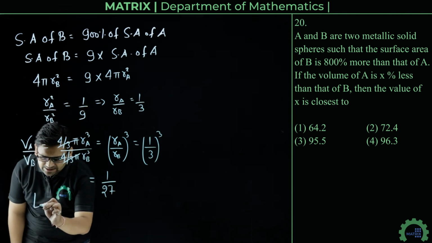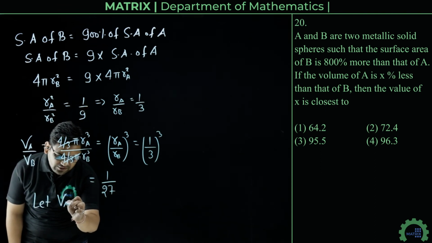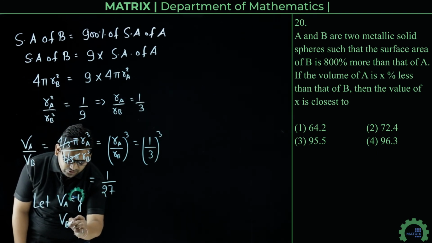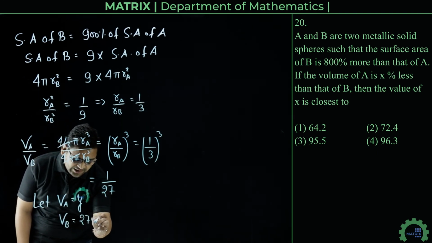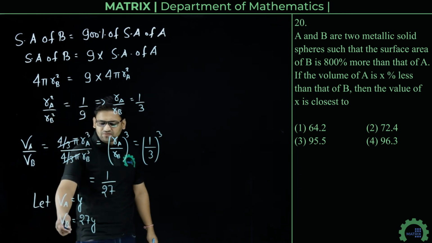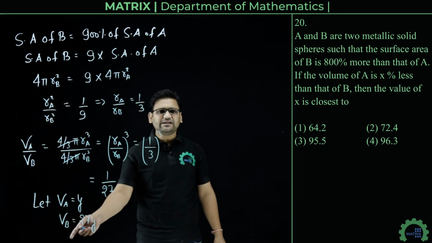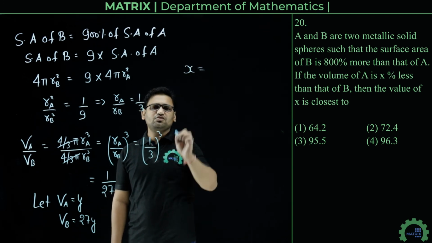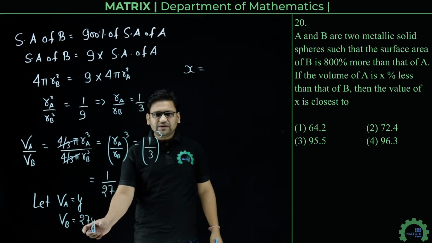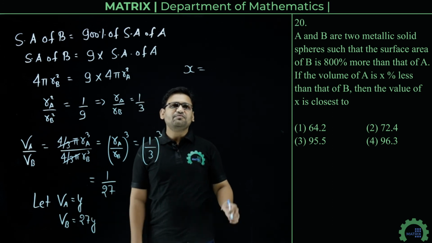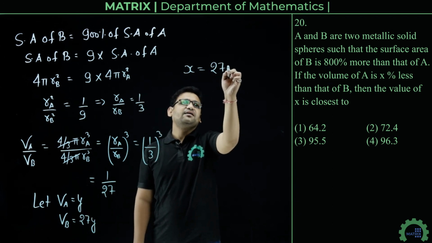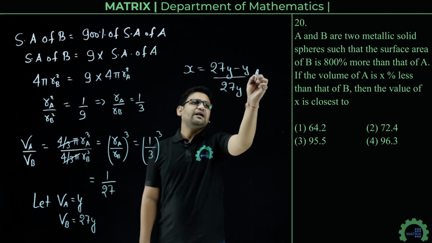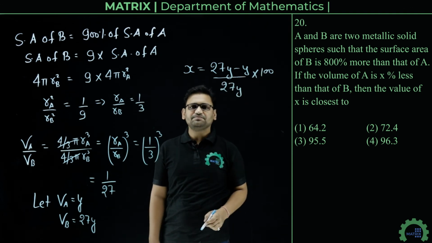Let's say volume of A is Y, so volume of B will be 27Y, and it is given that the volume of A is X% less than that of B. So we can write that X% will be equal to (volume of B - volume of A) upon volume of B, that is (27Y - Y) upon 27Y multiplied by 100, as this is a percent.